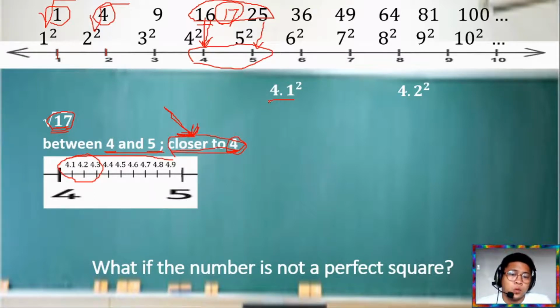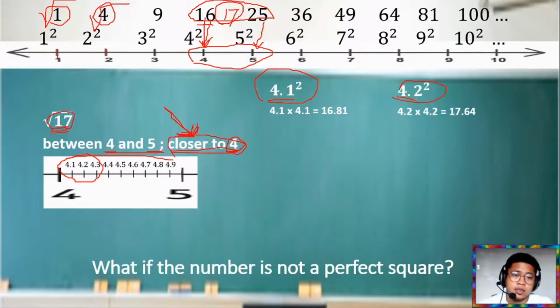I-multiply natin si 4.1 sa kanyang sarili to have 4.1 square. 4.1 times 4.1 is equal to 16.81. How about 4.2? Ganun din, i-multiply natin si 4.2 sa kanyang sarili to have 4.2 square. So that is 4.2 times 4.2 is equal to 17.64.